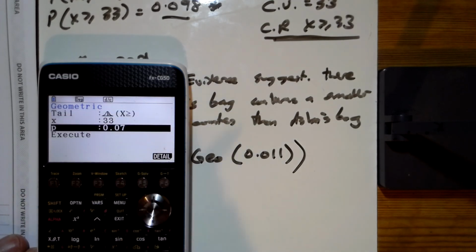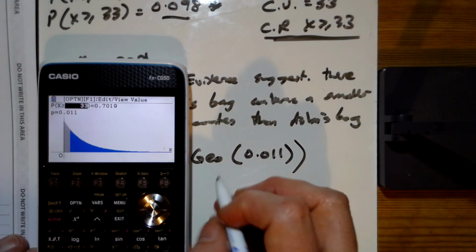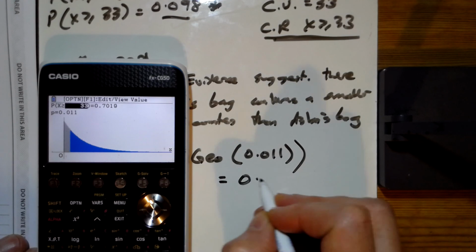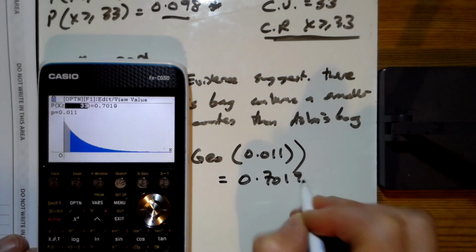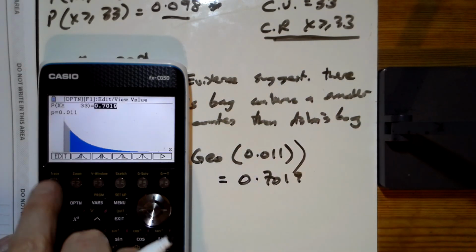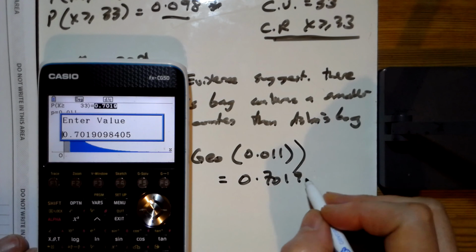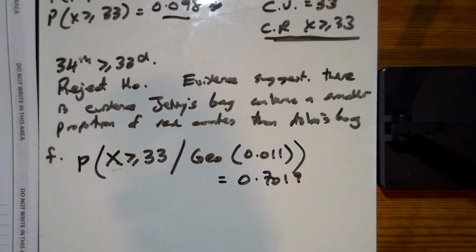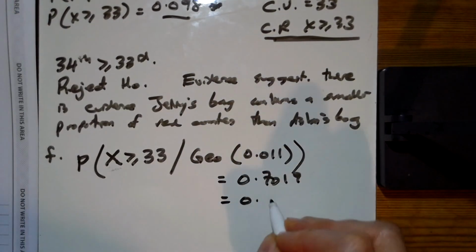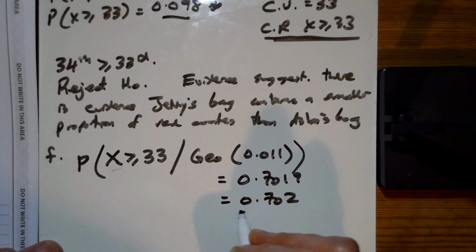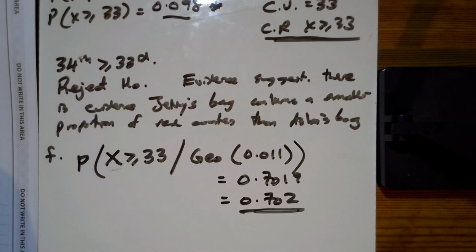All I'm doing now is changing the probability here to the actual one they've told us it's going to be. And this tells us that it should be 0.7019. Okay, we'll leave that there then. And if we round that, it's 0.702 to 3 significant figures, which is exactly what it asked us to show.